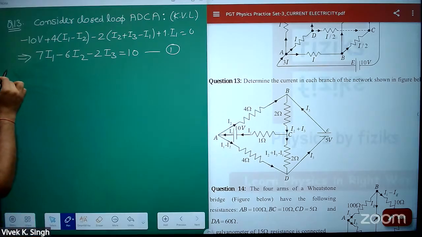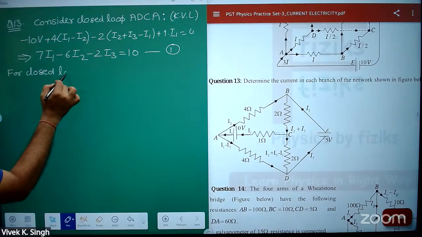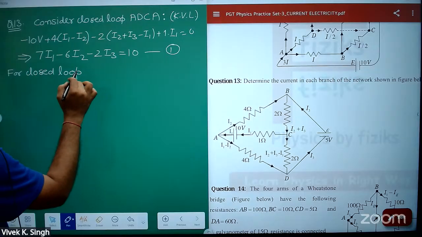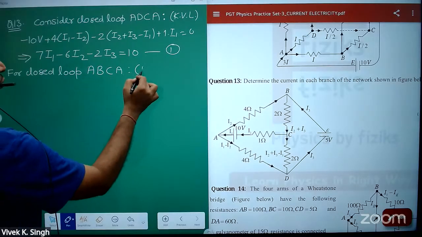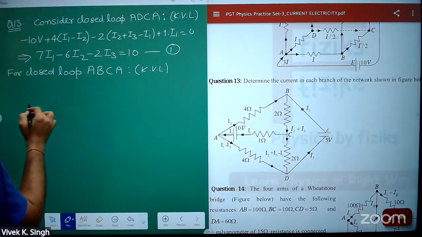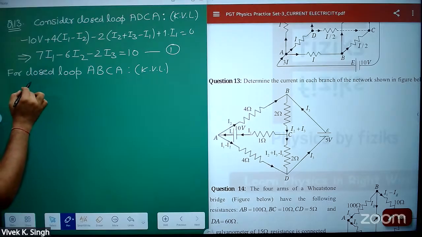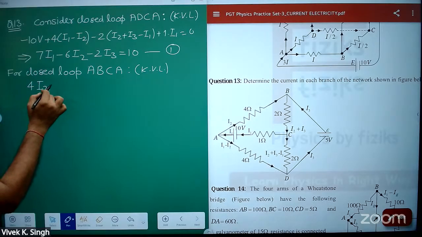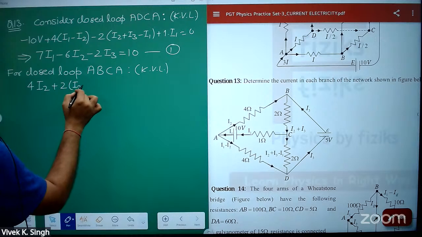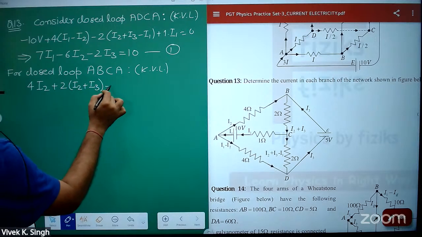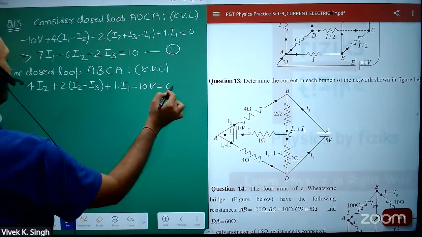Now, for the closed loop A, B, C, A, if you apply KVL, you have 4I2 plus 2 times I2 plus I3, plus 1 into I1, minus 10 volt is equal to 0.